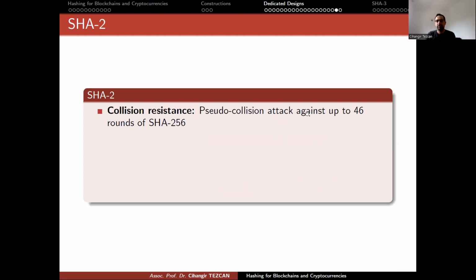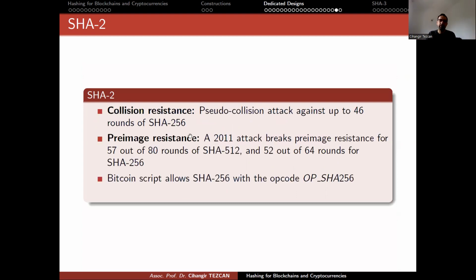There is a pseudo-collision attack against up to 46 rounds of SHA256, which has 64 rounds, so it doesn't break the full SHA256. There are some preimage resistance attacks from 2011 that break preimage resistance for 57 out of 80 rounds of SHA512 and 52 out of 64 rounds for SHA256.